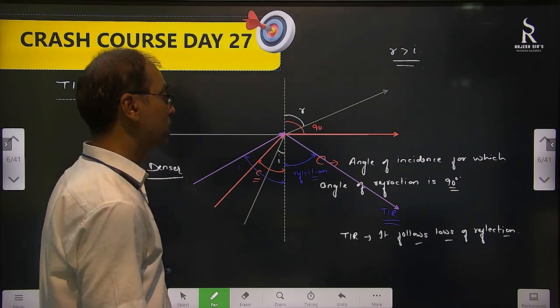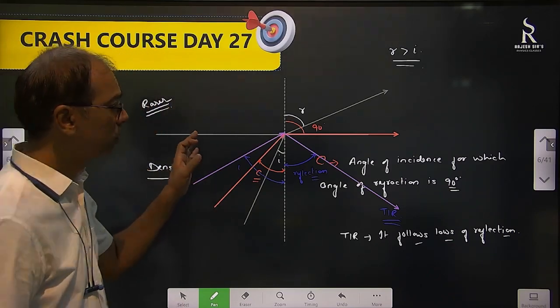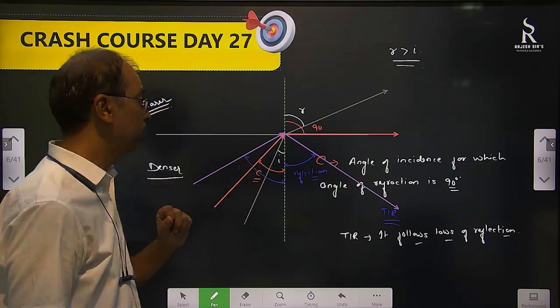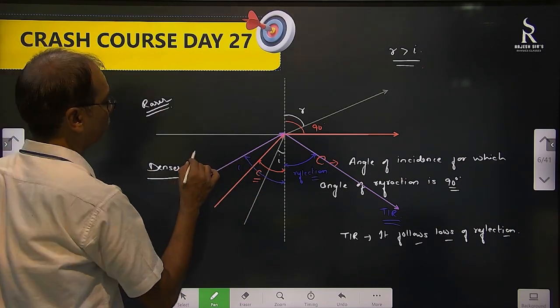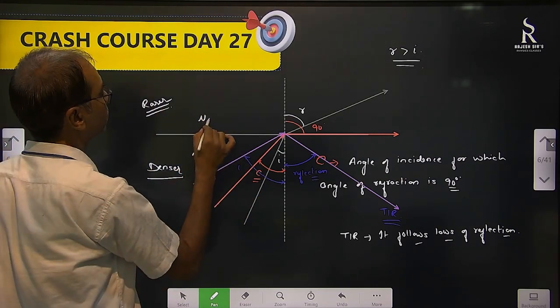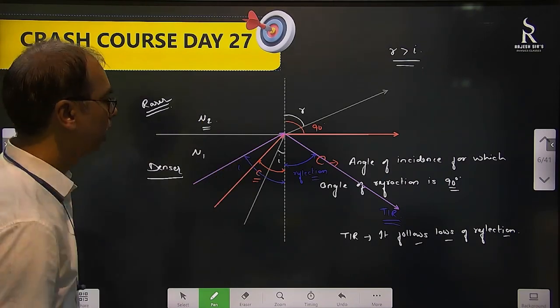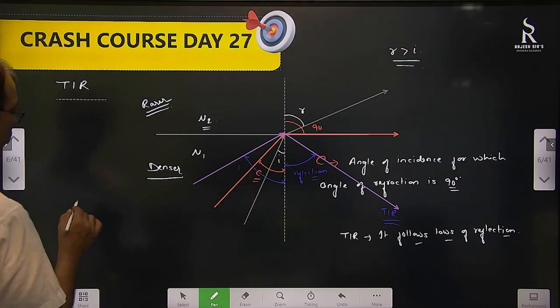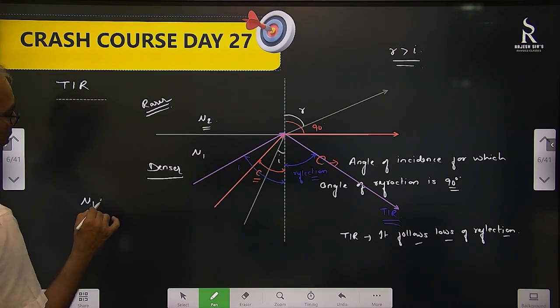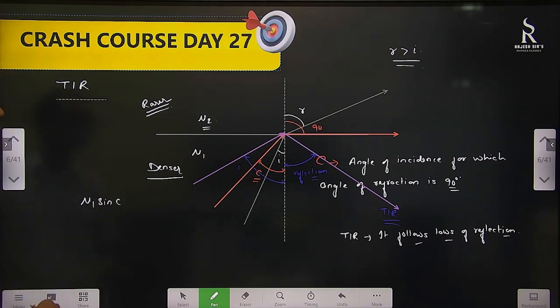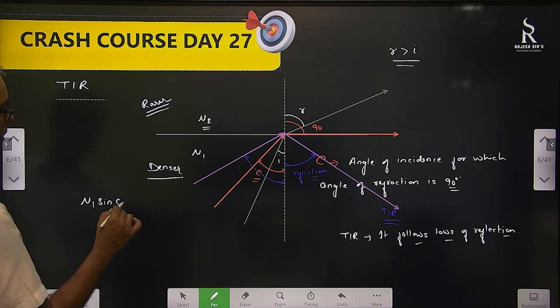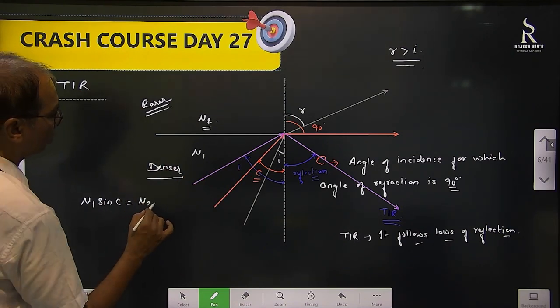Now let's find the critical angle's value. This is mu1 and this is mu2. We say mu1 sine C equal to mu2 sine R. What is sine R?